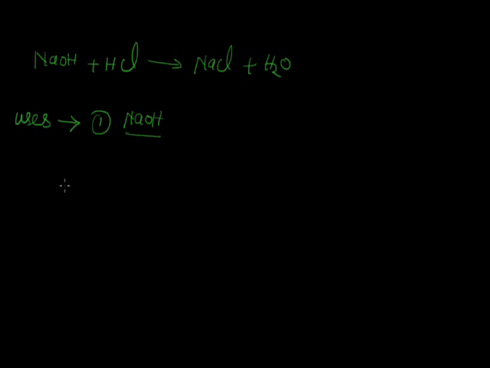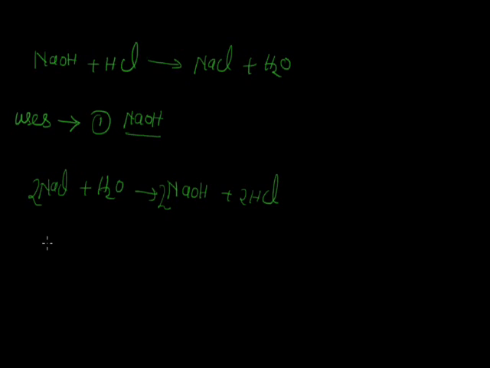Now the mechanism: NaCl plus H2O gives NaOH plus HCl. Balancing this equation, we get 2NaOH. Now, when this reaction is performed in a cell, the overall reaction is as follows.